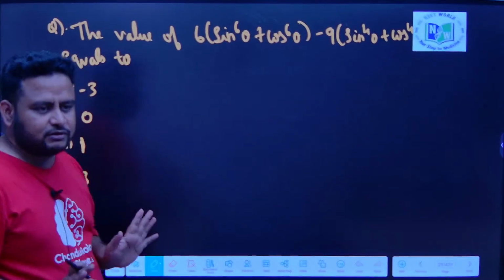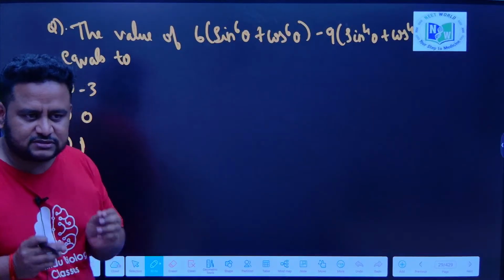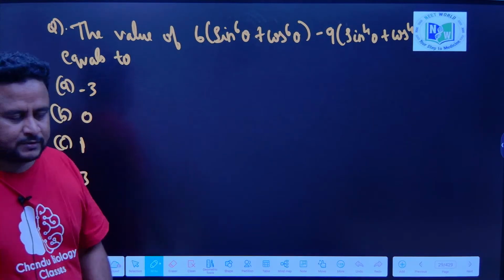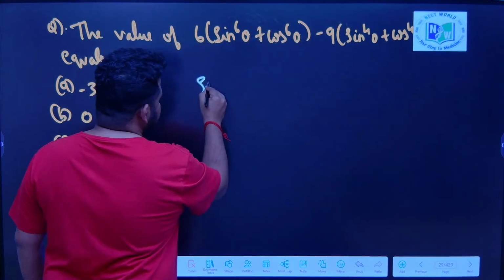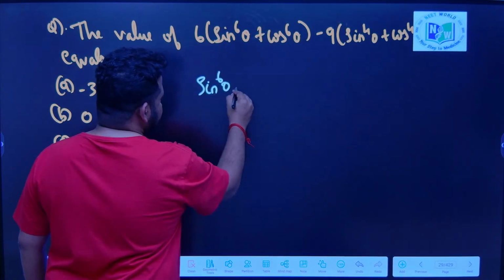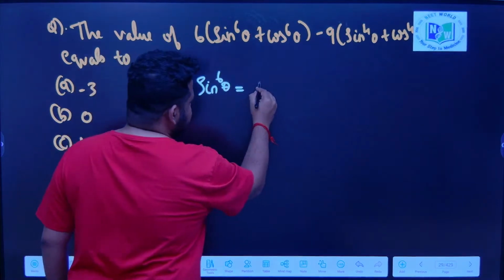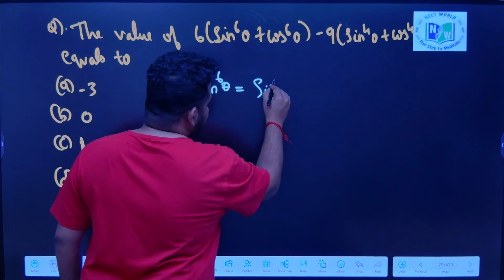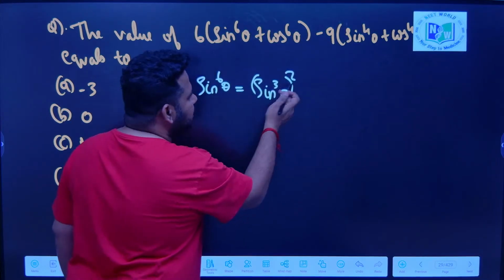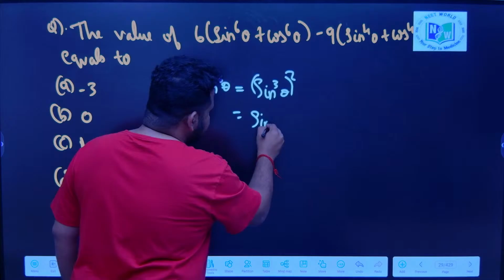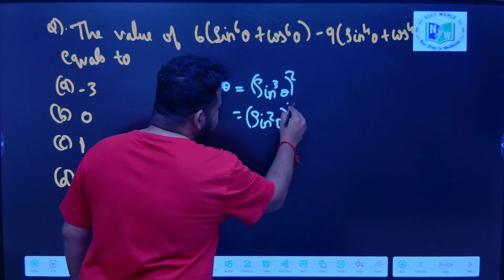So, here also we have to use identities, that is, some basics of algebra. First of all, suppose I have sin to the power of 6 theta. This can be written as sine cube whole square, or I can also write it as sine square theta to the power of 3.